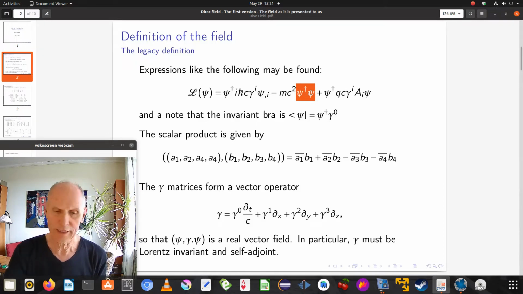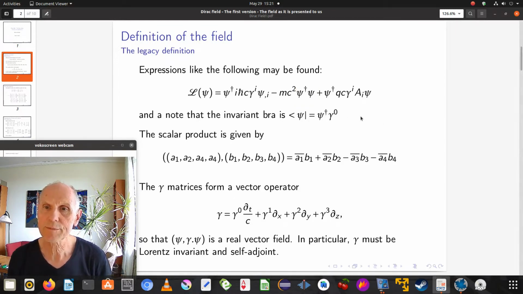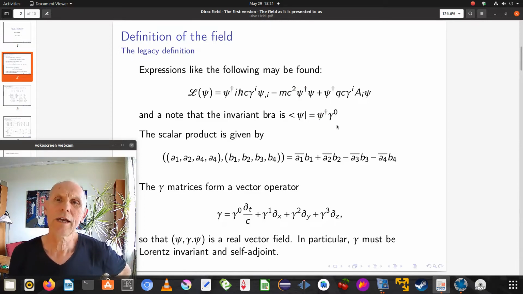Therefore, we define, and then they define something which is equal to this. I have some issues with it, but we have to take it at face value and say, okay, so we are not using the usual inner product.